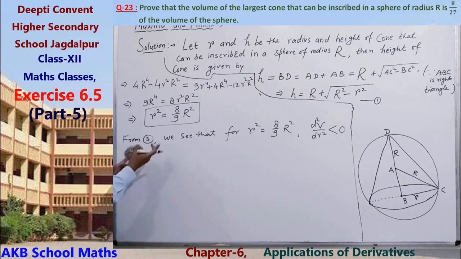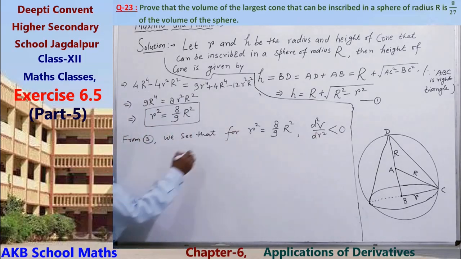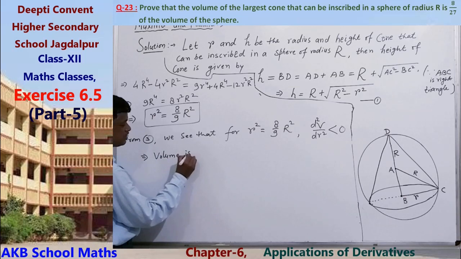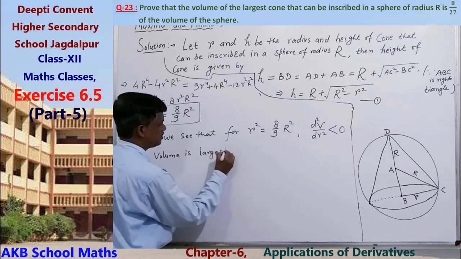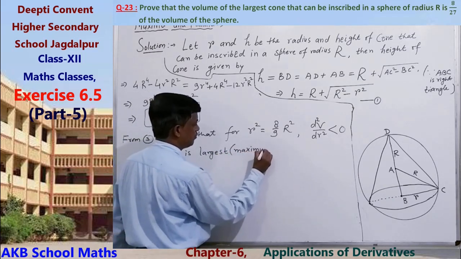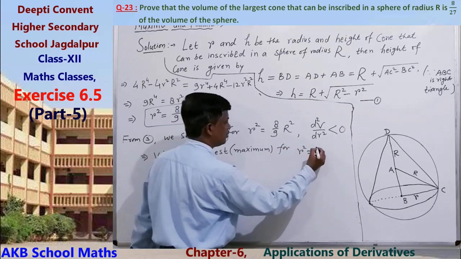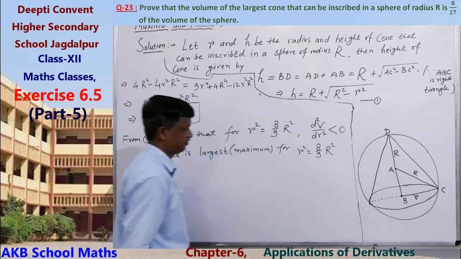From 3 we can show it is negative. Implies volume is largest, maximum, for r² equals 8 by 9 R².